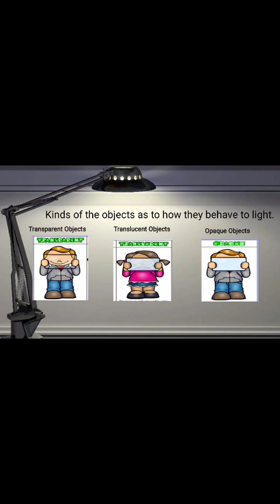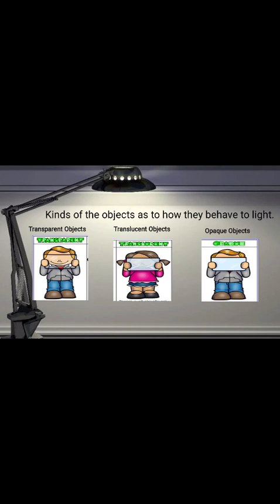Number 2, translucent objects. Translucent objects allow light to pass, however they diffuse it sufficiently that objects on the other side may not be clearly distinguished.